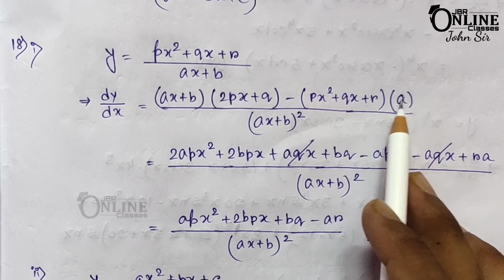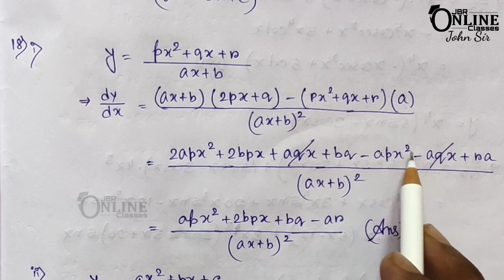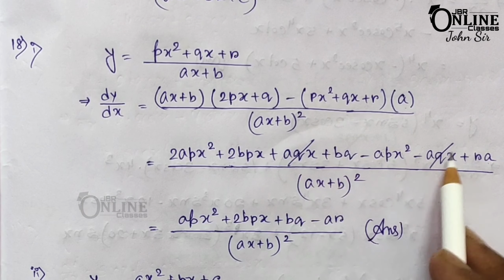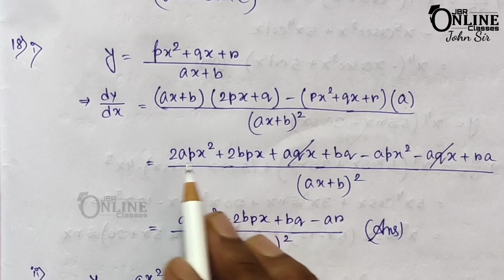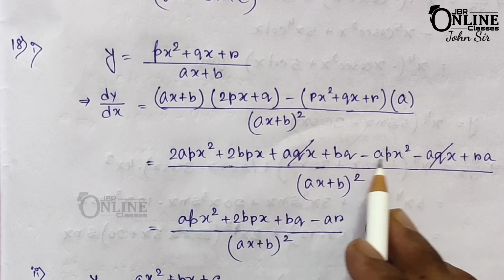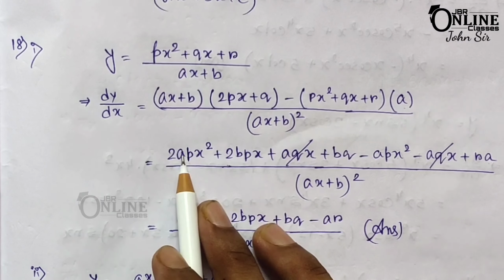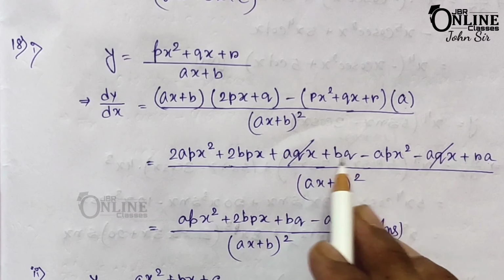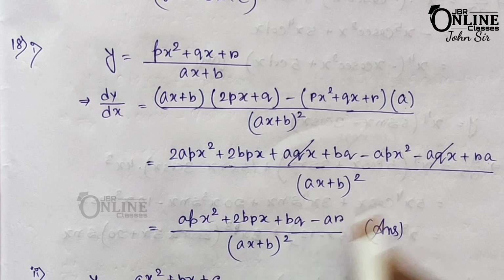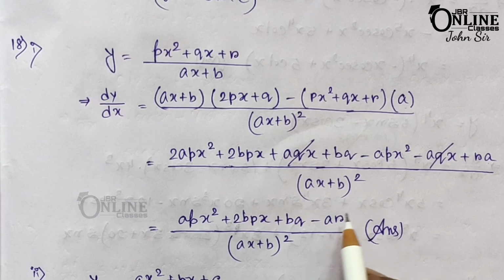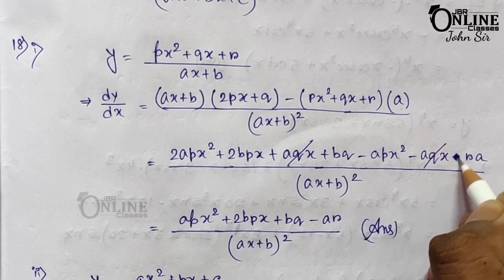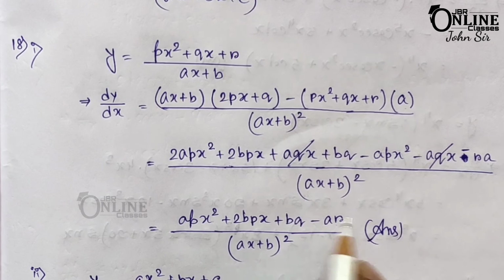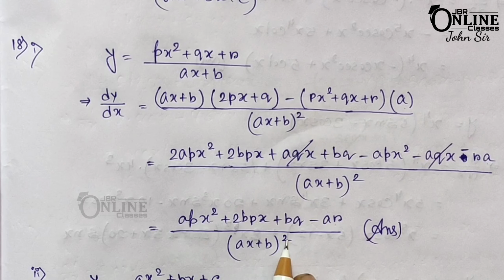And now multiply a with this one, it will be minus apx square minus aqx minus ar. So aqx cancels out, and here 2apx square minus apx square, so it will be only apx square. Then 2bpx, here bq, and the last one is ar with a minus, so it will be minus, not plus, minus ar. As a into r, here minus, so minus ar, and by ax plus b whole square.